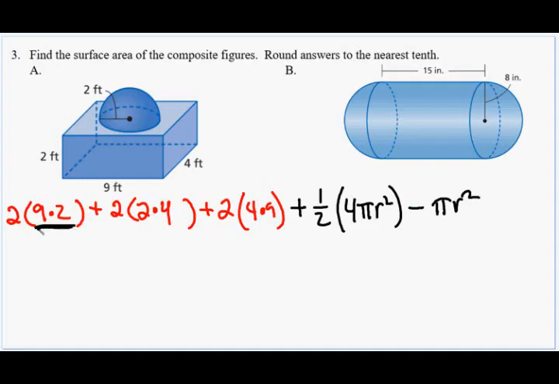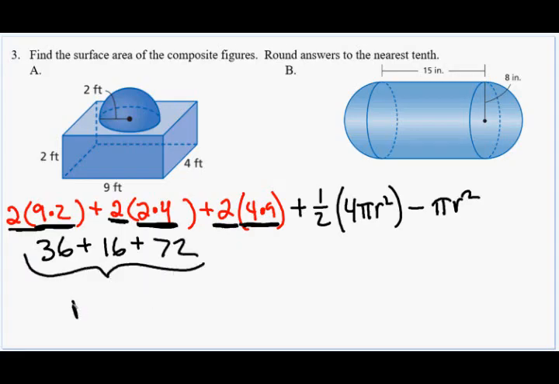9 by 2 is 18, and we double that, and we get 36. 2 times 4 is 8, and we double that, and we get 16. Plus 4 times 9 is 36. 36 times 2 is 72. So this is just the surface area of the rectangular prism.